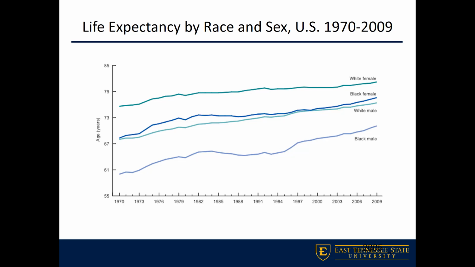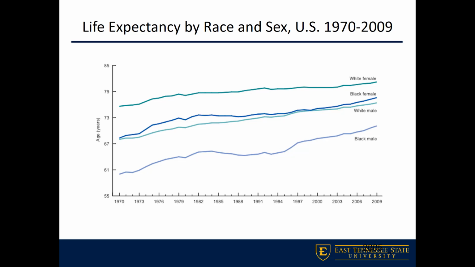And this graphic is very telling of how that breaks down and how we can see that not every community or not every race gets the same benefit as others. The good news is that all groups are living longer since 1970. So we're moving in the right direction.